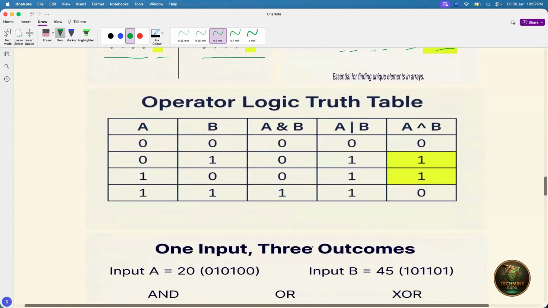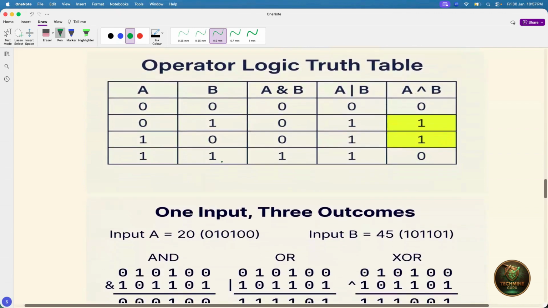So this is called the operator logic truth table. If 0 and 0 are there in A and B, then A and B will give 0. A or B will also give 0. And since they are both the same numbers, A XOR B will also give 0. Similarly, if A is 0 and B is 1, A and B will give 0. A or B will give 1.